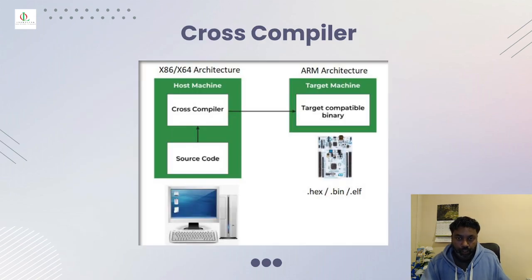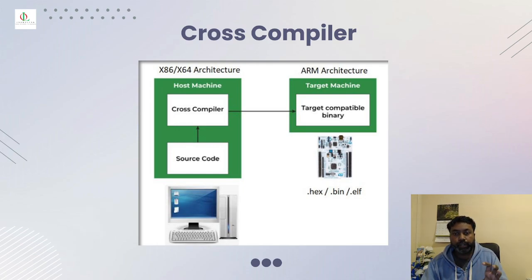And there is a concept called cross compiler. So what is actually a cross compiler? The PC generates machine code, and when compiling for host, you can't simply transfer that to the ARM architecture. So for example, if your PC generates a code, it has to send it to a target architecture via a programmer or IDE link.